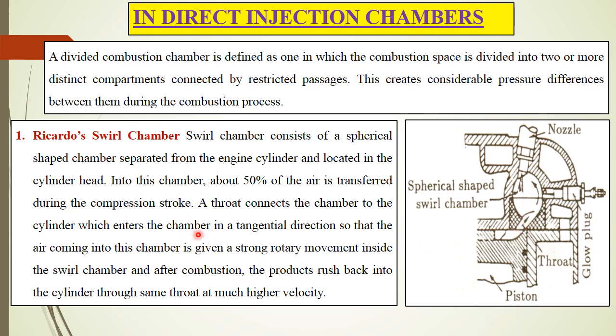The throat connects the chamber to the cylinder and enters the chamber in a tangential direction, so that the air coming into this chamber is given a strong rotary movement inside the swirl chamber. This restricted passage is the throat.